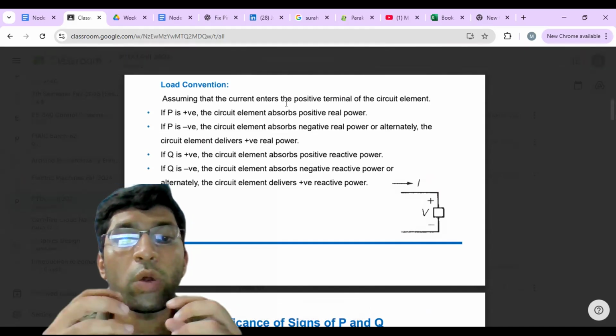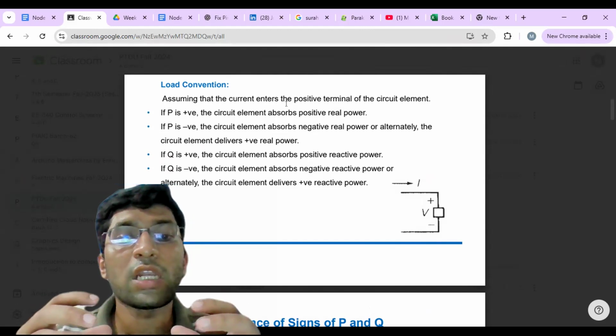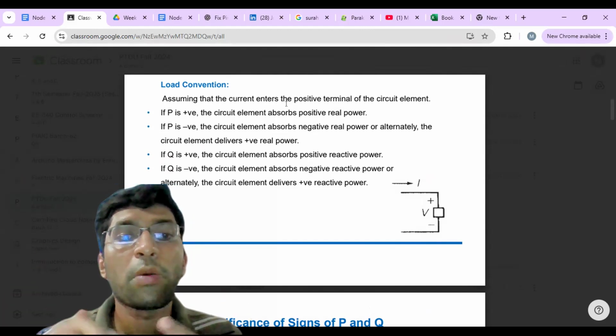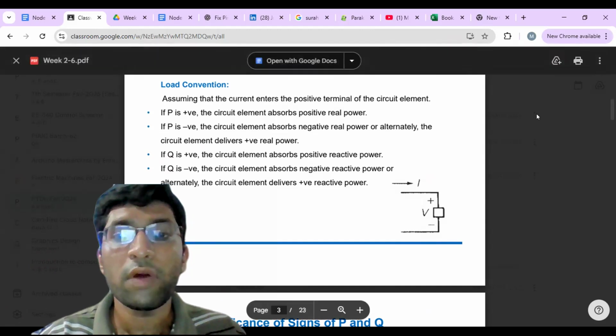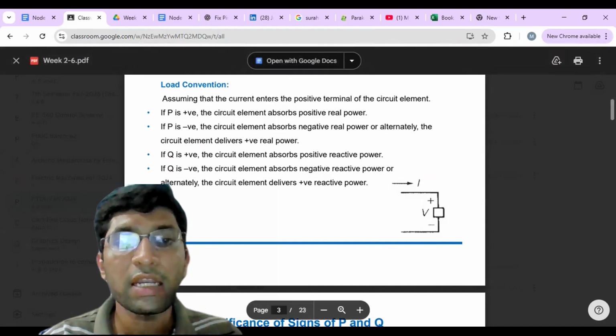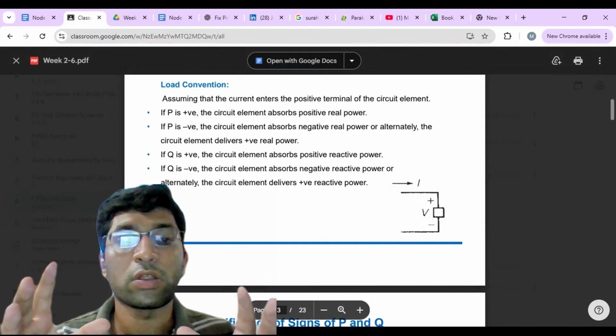Now, when the current is leaving from the positive terminal, P is positive when the circuit element delivers positive real power. P is negative when the circuit element delivers negative real power. Q is positive when the circuit element delivers positive reactive power.